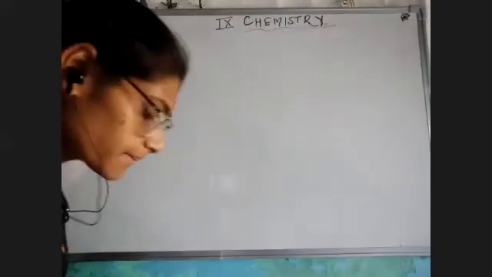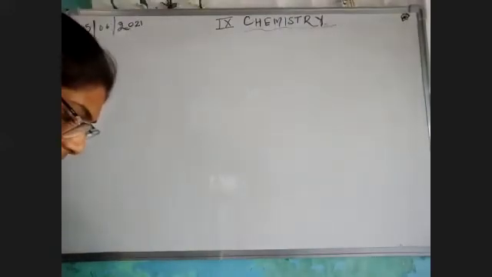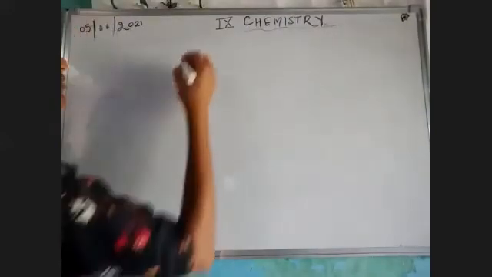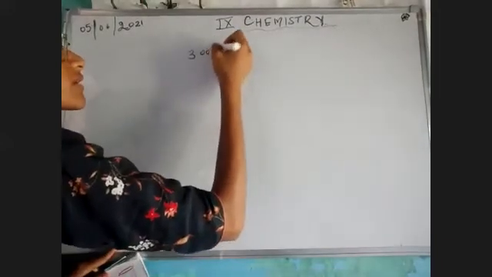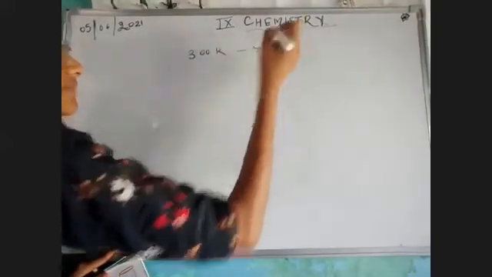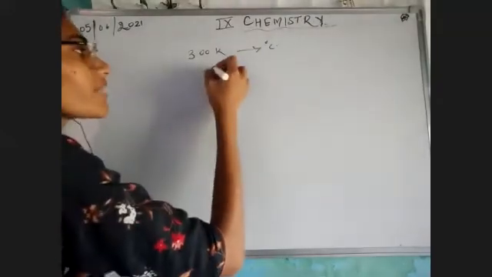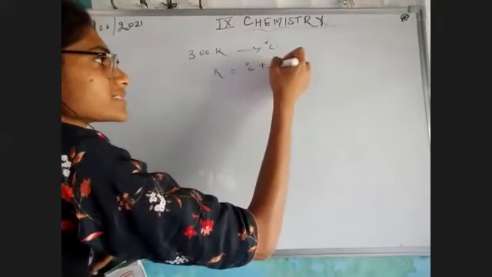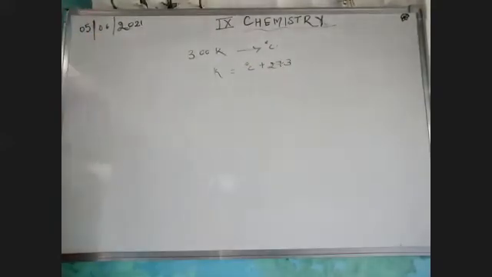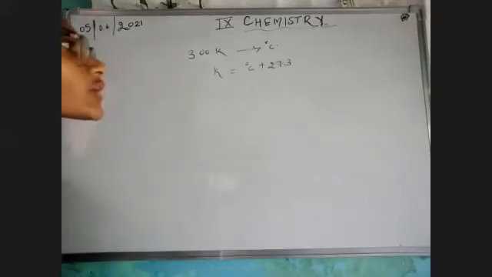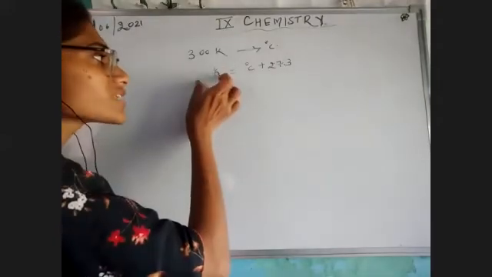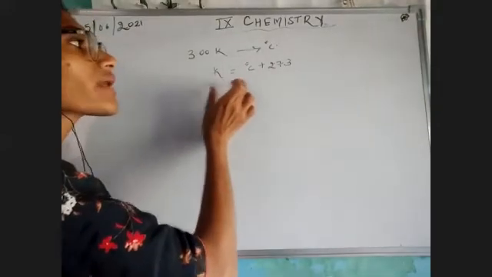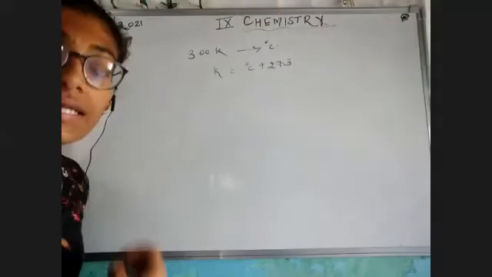Okay, let's see. The first question is, we have to convert 300 Kelvin into degrees Celsius. First of all, we have remembered that for converting to Kelvin, we have to add 273 to degrees Celsius. But the point is, the temperature is given in Kelvin, and you have to tell the answer in degrees Celsius.